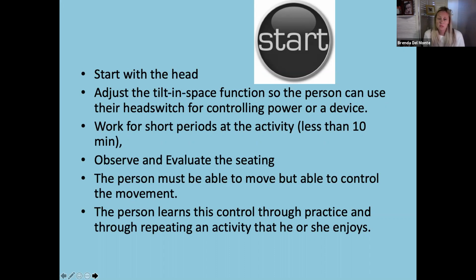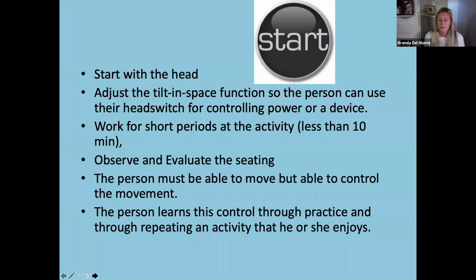Sometimes, honestly, if I unstrap the feet, then they automatically pop out of that extension. Their weight is on their hips and they're good to go. And I give up the fight of having the feet on the footrest. Sometimes that's it. And it's the game changer.